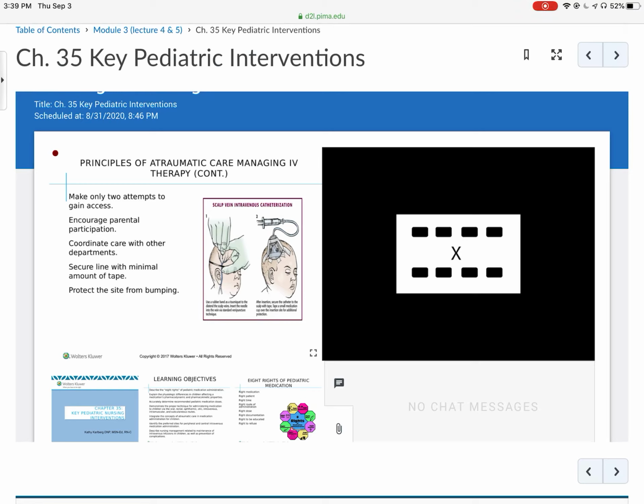Secure it, so minimal amount of tape, but secure it. So this is a head IV. They put a rubber band around the head and then go into the veins towards the heart. This is part of a medicine cup that they have put on to secure it. We don't do a lot of head IVs anymore because we have the use of ultrasound-guided IVs.